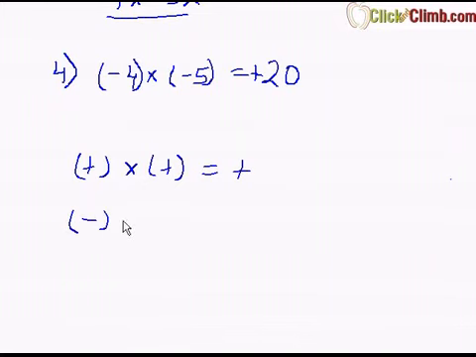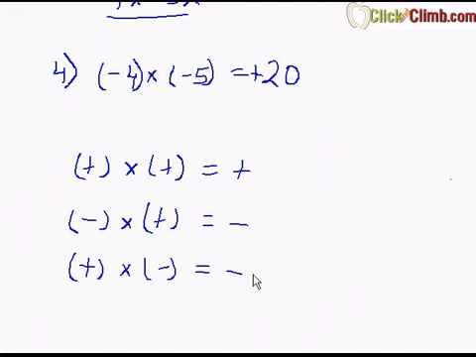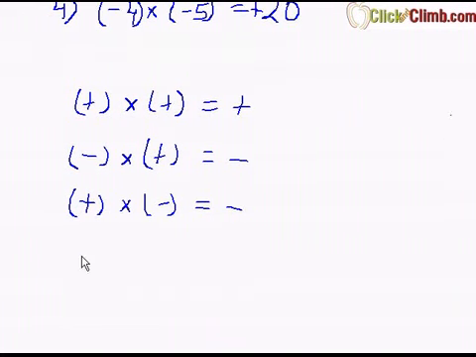A negative times a positive gives you a negative answer. A positive times a negative gives you a negative answer. And a negative times a negative gives you a positive answer.